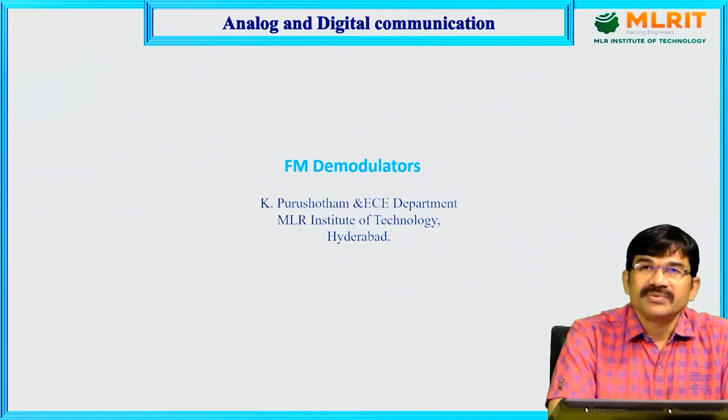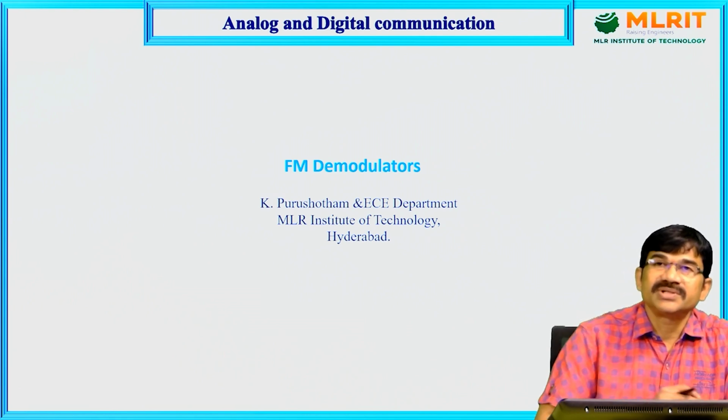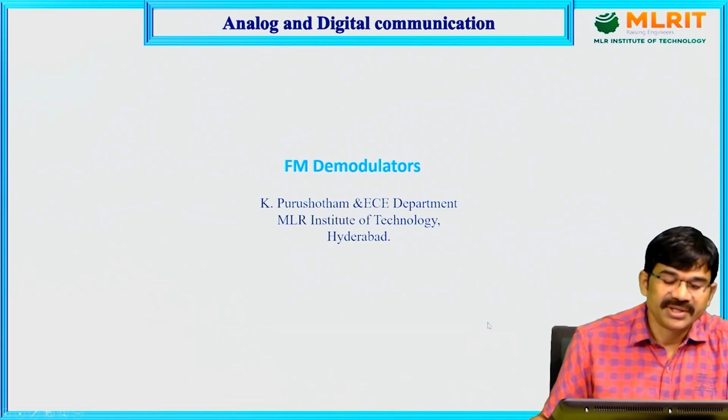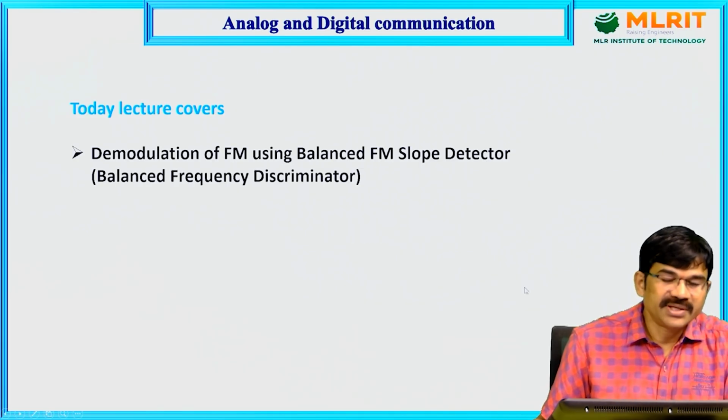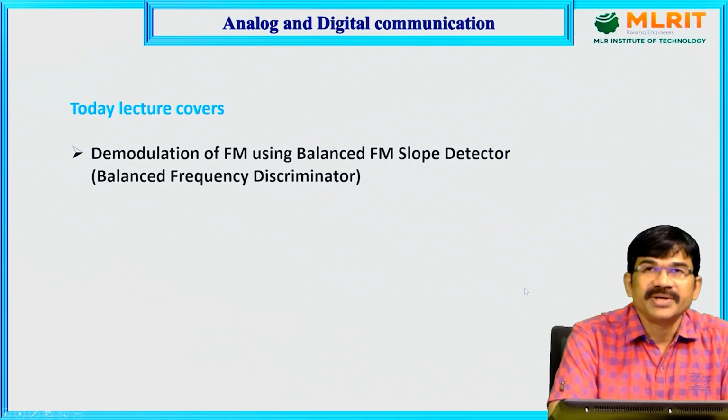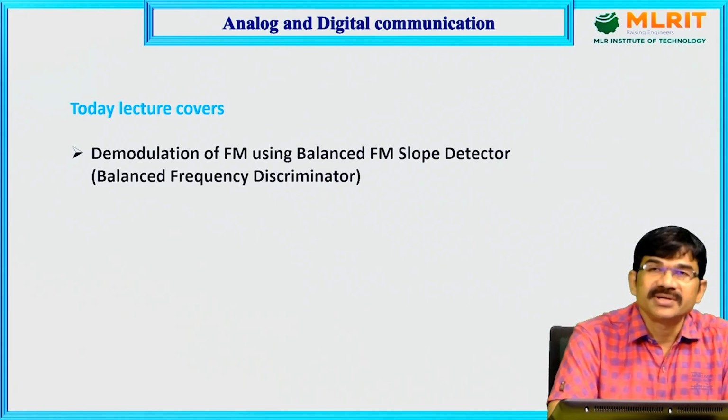To get back the original information, we use demodulators. The demodulator's main function is demodulating the received signal and obtaining the original information at its output. There are many types of demodulators used for demodulating the FM signal.